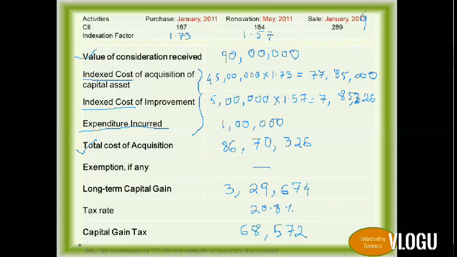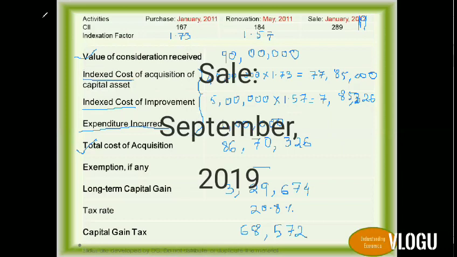Here it is 2019, because in the second problem the year given for the selling is 2019. So we can see how the capital gets inflated due to time. So here we have solved the problem. In the next video we will be uploading a problem which will be even more complicated.